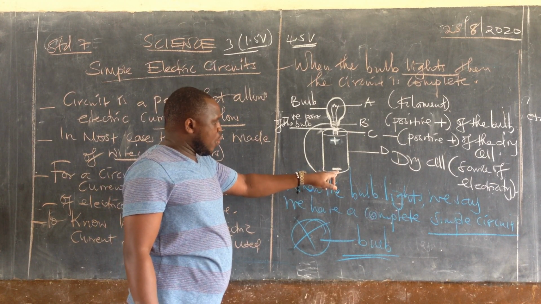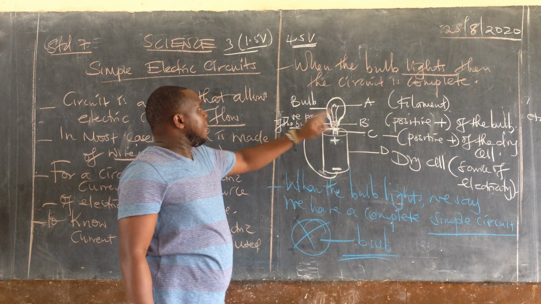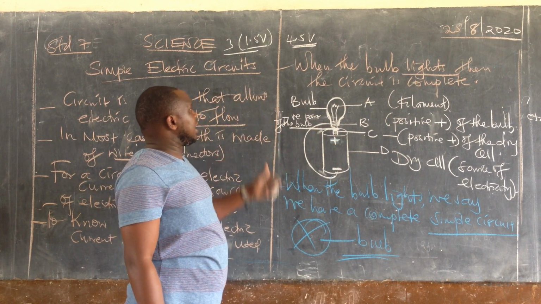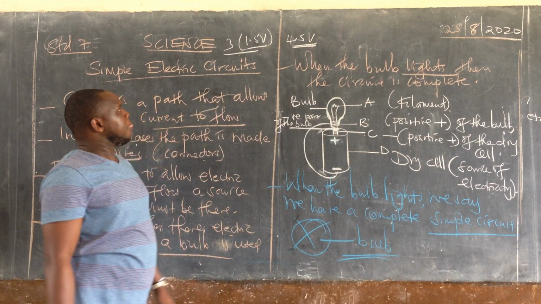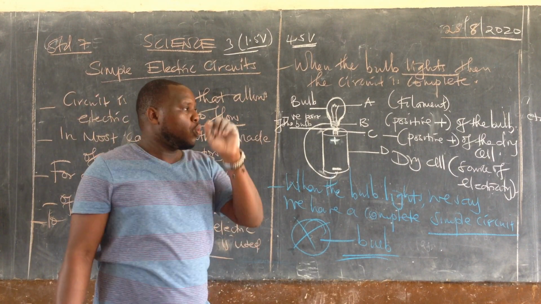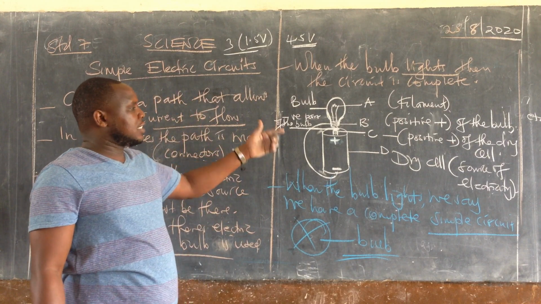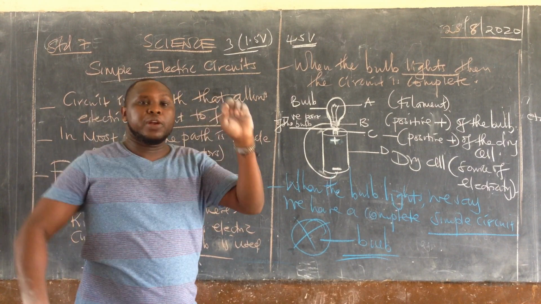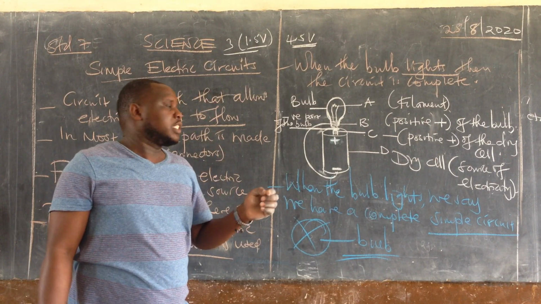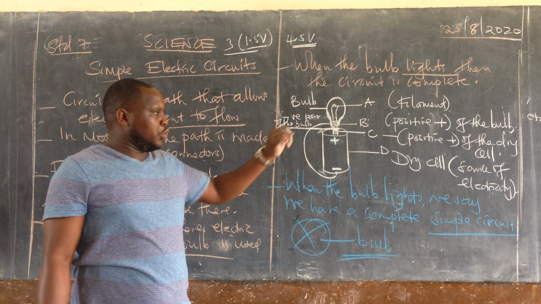A series one is where a negative is connected to a positive. Where a negative is connected to a negative and a positive to a positive, we call that a parallel connection, whereby only one dry cell is used. So even if you have 10 dry cells, you only have 1.5, not 1.5 times 10 to give you 15 volts. It's going to be 1.5 all through.